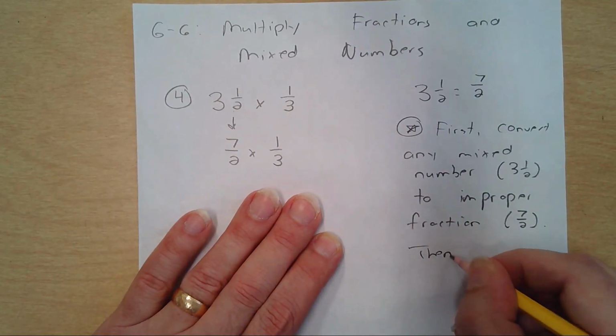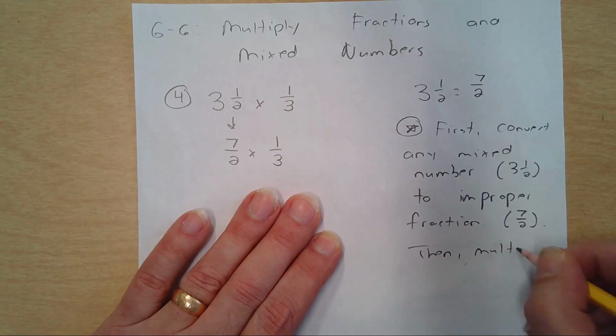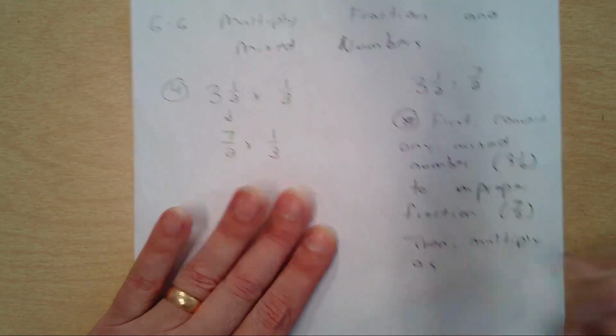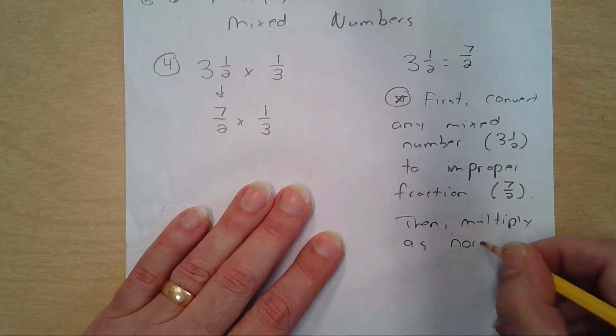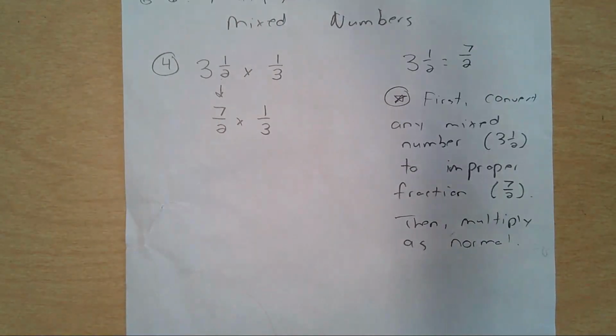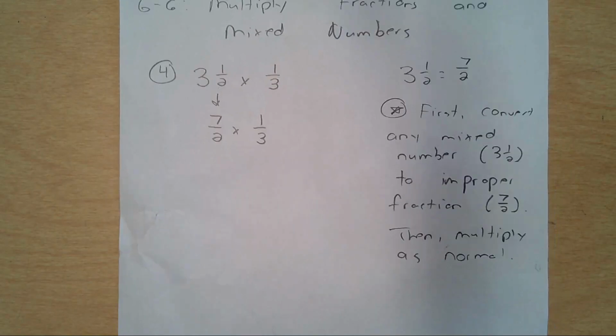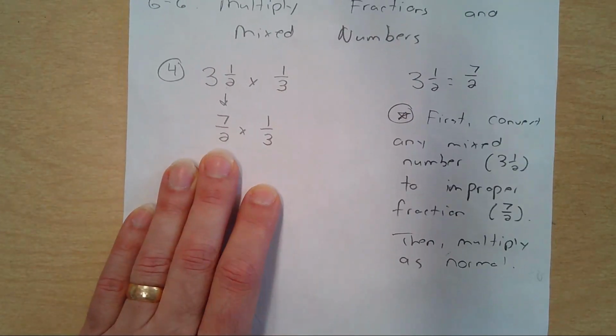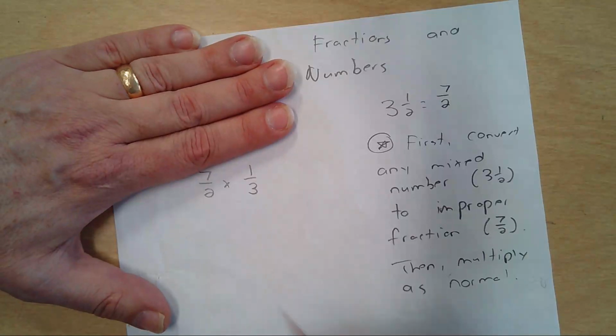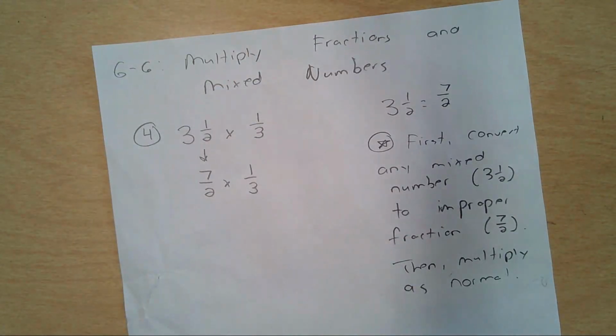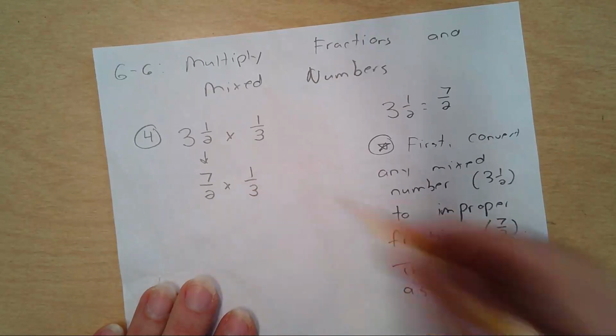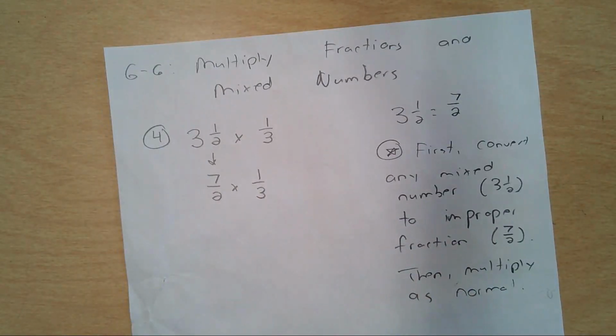Then multiply as normal. That's all there is to it. So I've turned my 3 1/2 into 7/2, and now I can see my problem. I can just multiply. Nothing to cross simplify, agree with that?